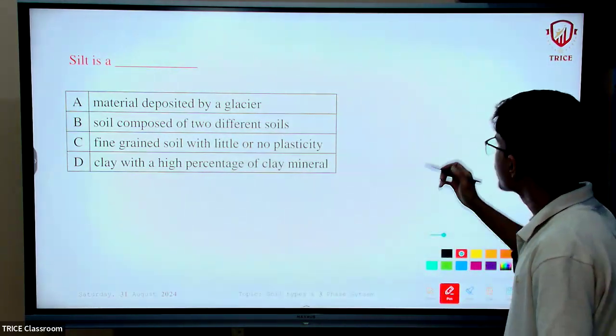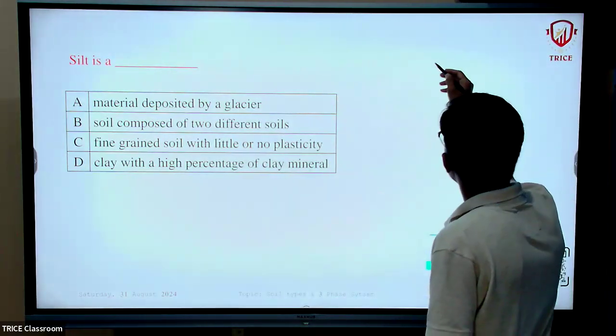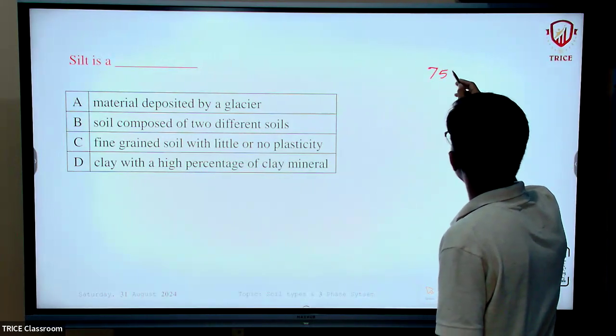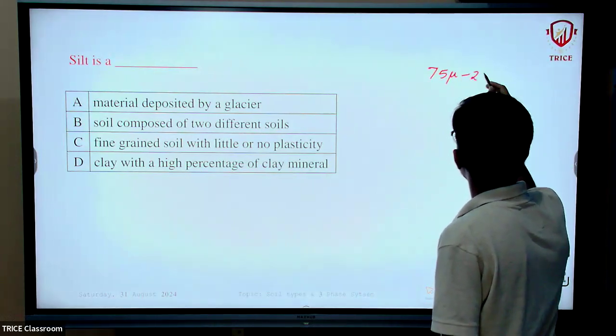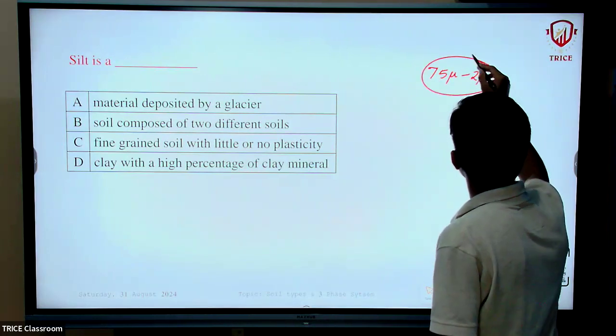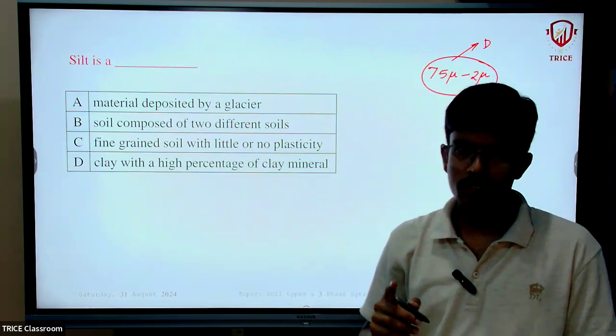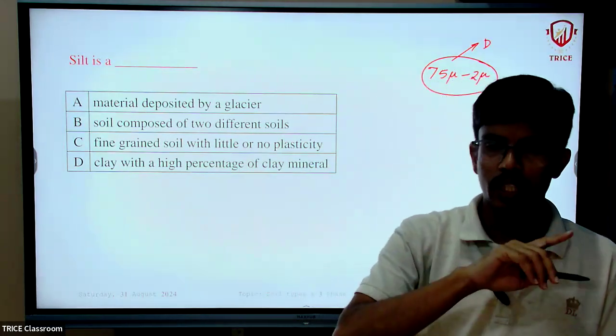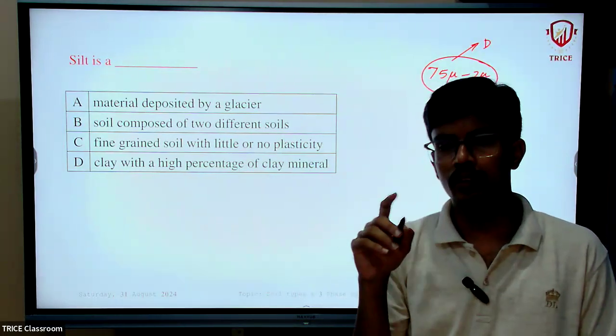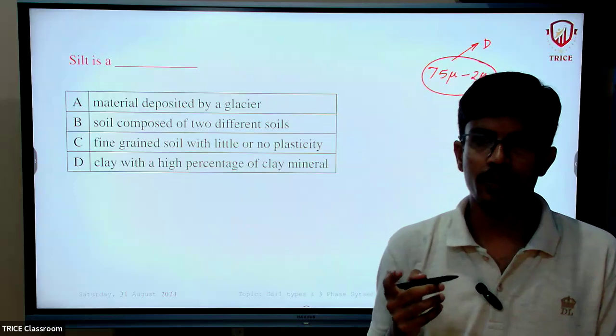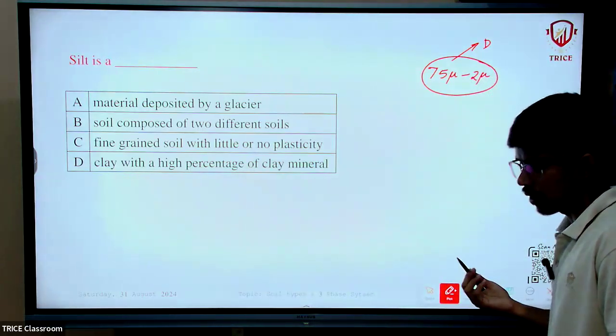For silty soil, the particle diameter is around 75 micron to 2 micron. If the particle size comes between 75 micron and 2 micron, we call it silty soil.